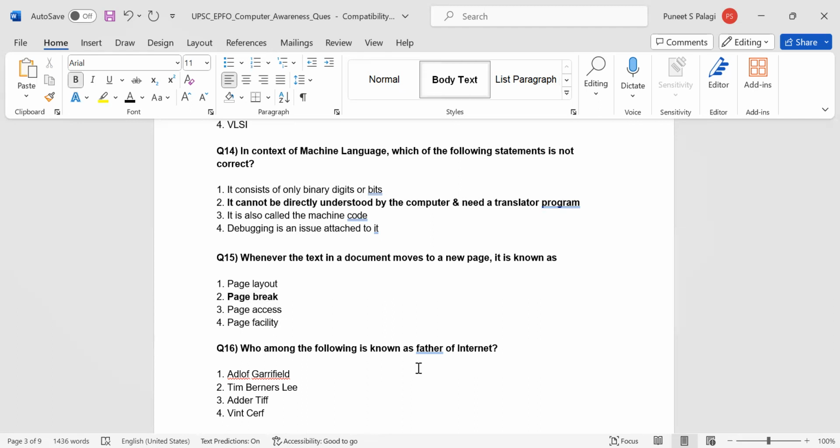Which of the following is known as father of internet? Check the options.